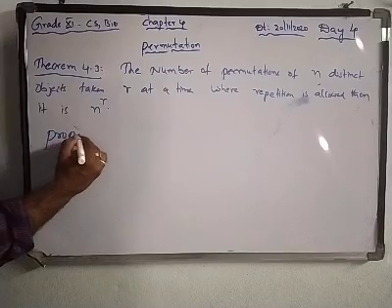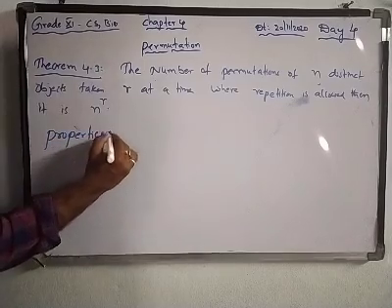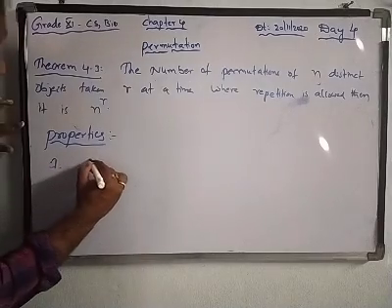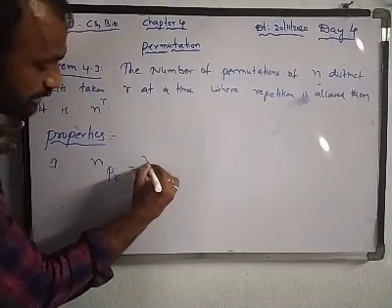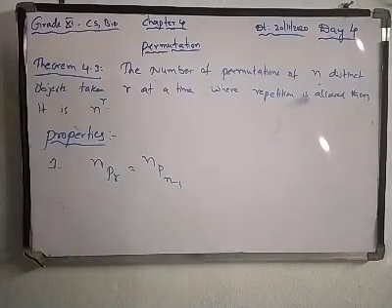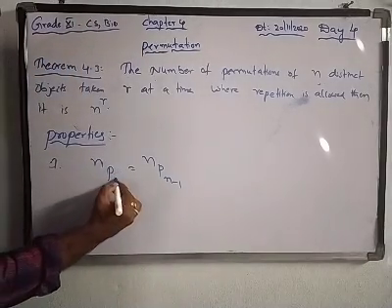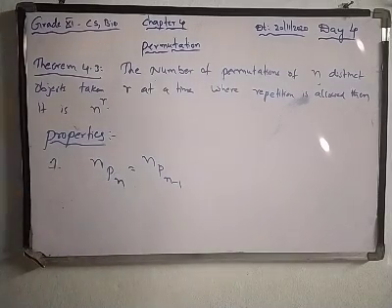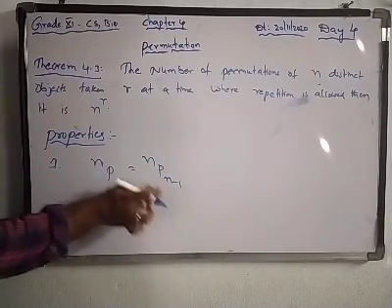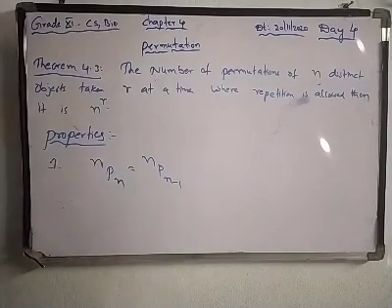So let us talk about the properties. We have totally 3 properties. The first property is that nPr is equal to nP(n minus 1). Here nPn is equal to nP(n minus 1). This is one of the important results. If we do the derivation of this, we are going to get nPn also.